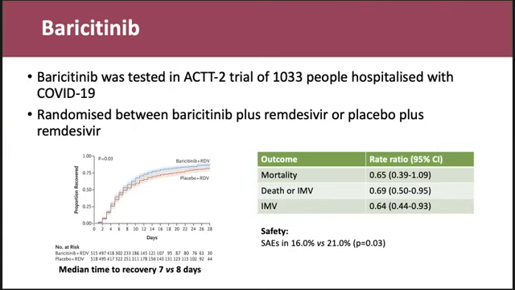So participants receiving baricitinib recovered 1 day earlier, in 7 rather than 8 days. Secondary outcomes looked at mortality and the use of invasive mechanical ventilation, and encouraging signals were seen here. In terms of safety, baricitinib was very well tolerated, and in fact, serious adverse events were less common in participants allocated baricitinib compared to those allocated placebo.